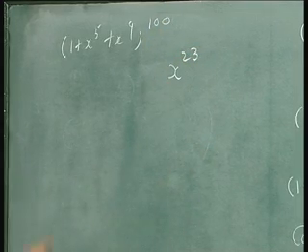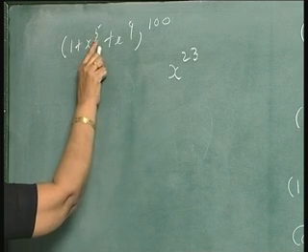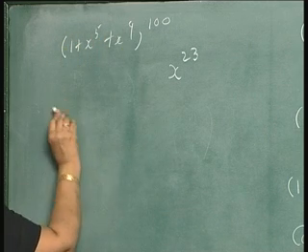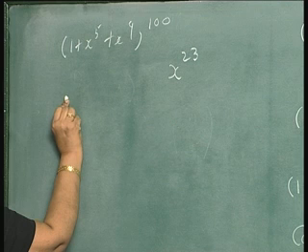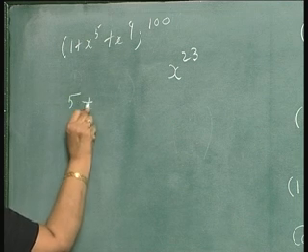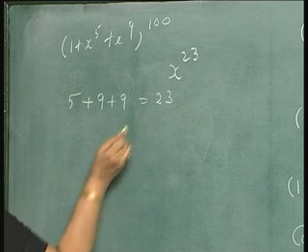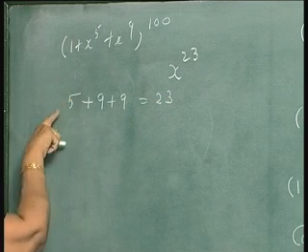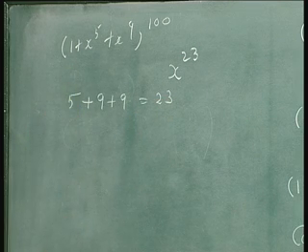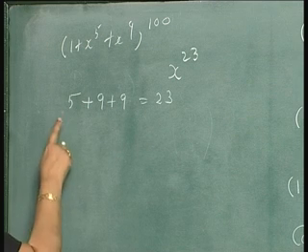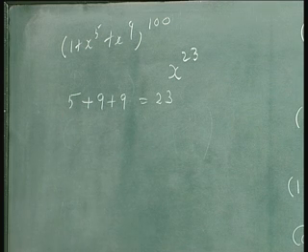You can have 5 plus 9 plus 9. This will give you 23. Otherwise, if you have 4 5s, then you will have 3, which is not possible. If you have 2 5s, then also you will be left with 19, which you cannot account for. 3 5s, then you will be left with 8, which is not accountable. So, there is only one way of splitting 23 into 5s and 9s.